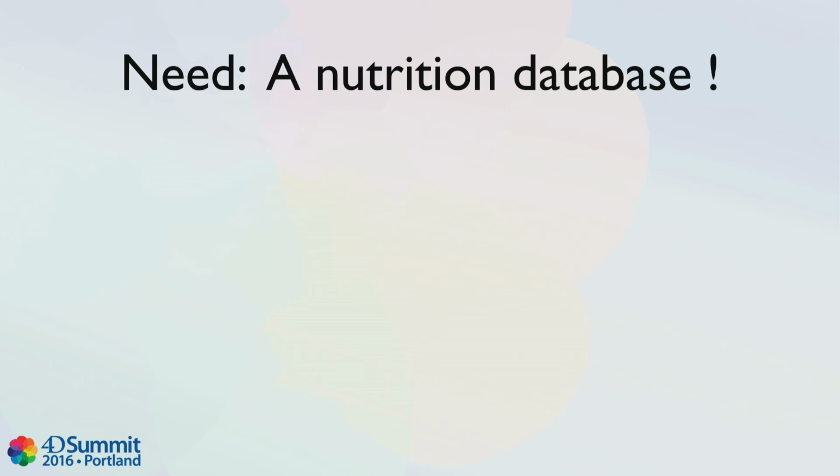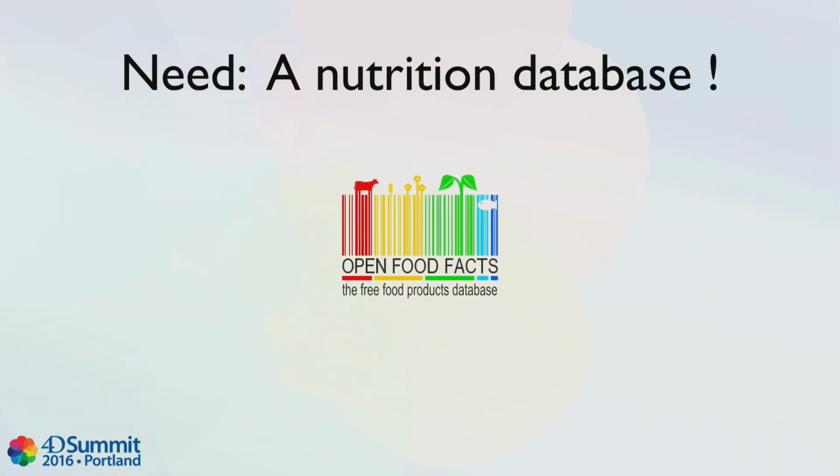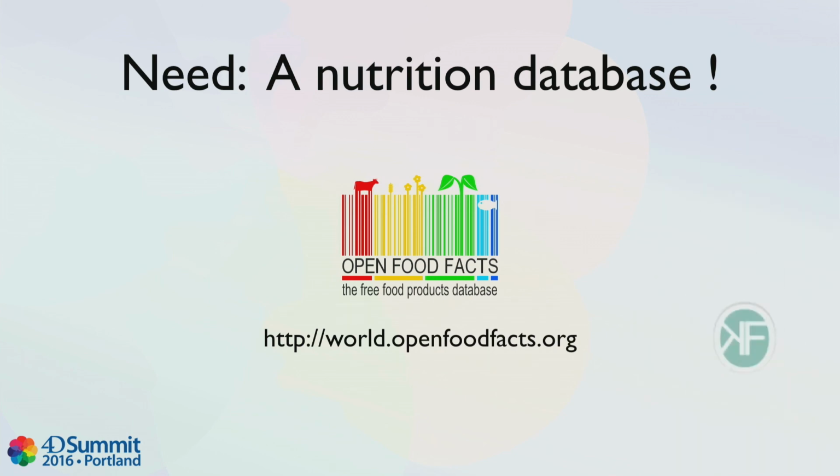Looking on the internet, I found Open Food Facts, an open source database available at this address, with a free open source license to use the data. So it's nice.